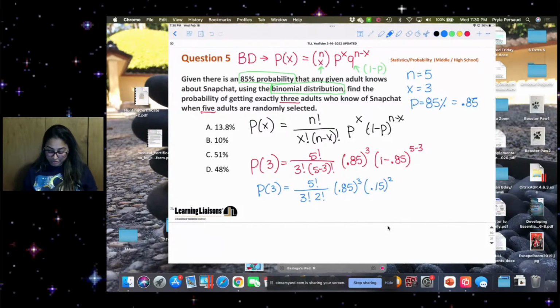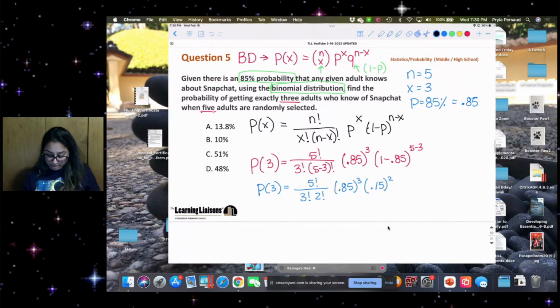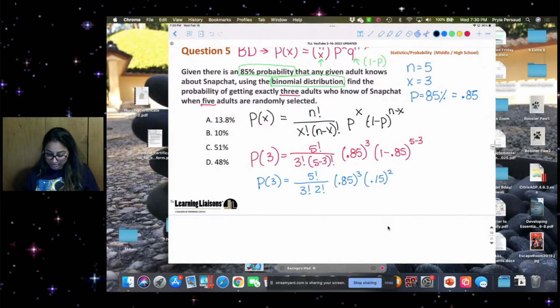Well, you can do the factorials a couple different ways, but I'm going to show you a quick way that helps you get through them without actually having to do 5 times 4 times 3 times 2 all over 3 times 2 times 2. I take out the ones because the ones don't change anything. So if you have 5 times 4 times 3 factorial all over 3 factorial times 2 factorial, your 3 factorials go away.